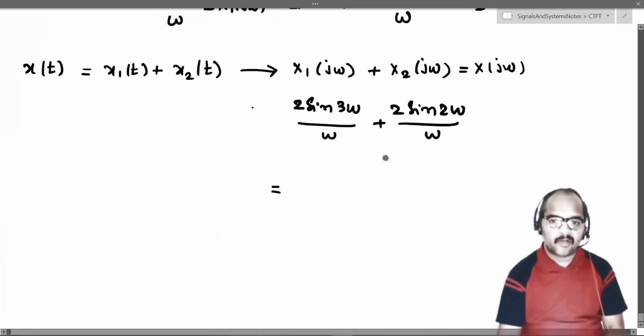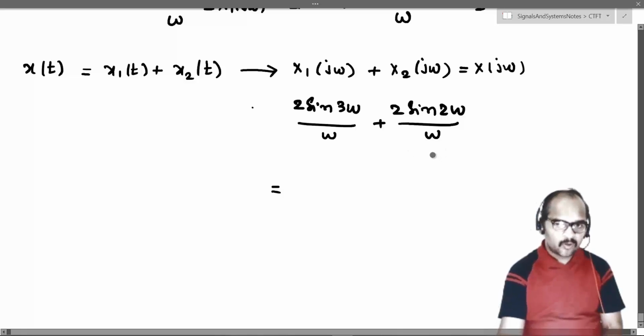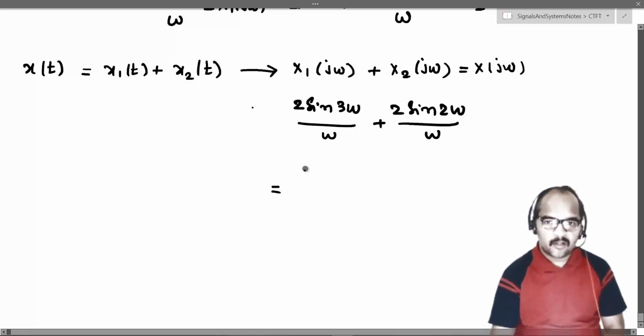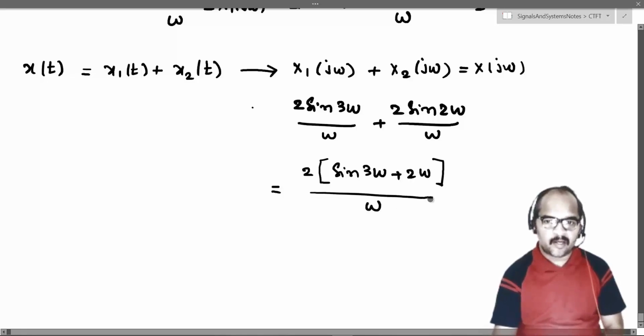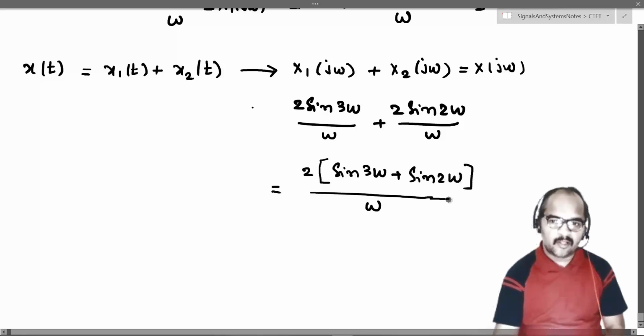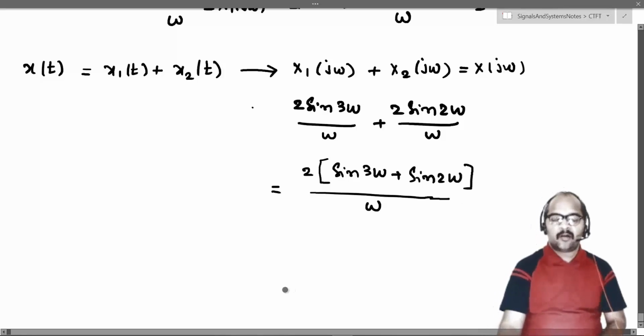The denominator is omega, which is common, so you will get 2 times sine 3 omega plus sine 2 omega, whole divided by omega. Sorry, I missed sine here. Okay, you can further simplify.